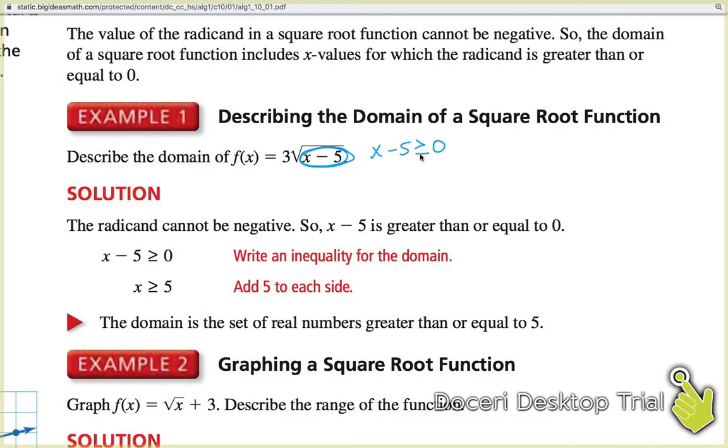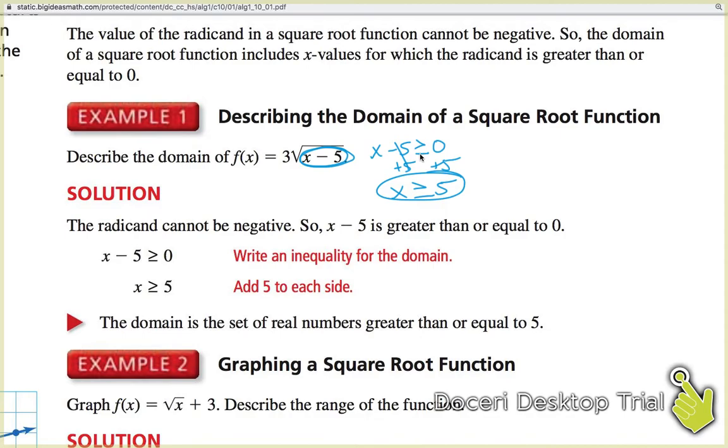Whatever I plug in, the radicand, what's under the square root sign, has to be 0 or positive. It can't be negative. So x minus 5 is greater than or equal to 0. I would add the 5 over, of course, and solve it out. x is greater than or equal to 5. That would be my domain.